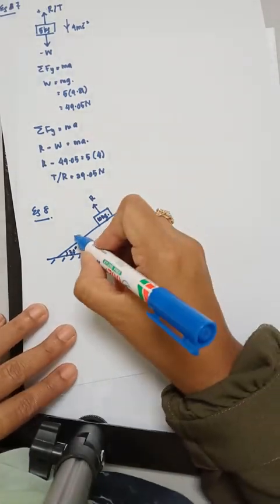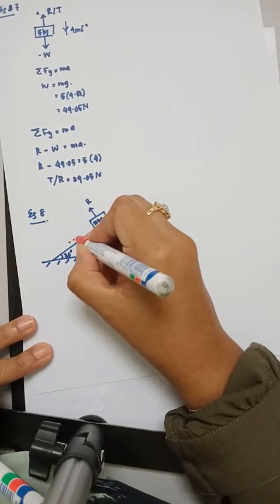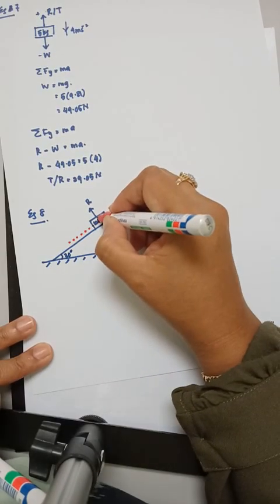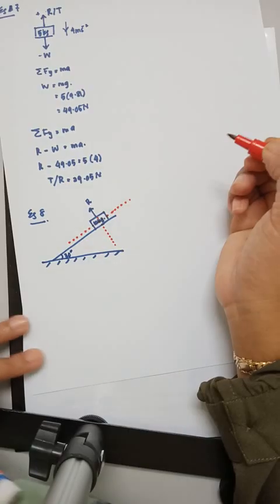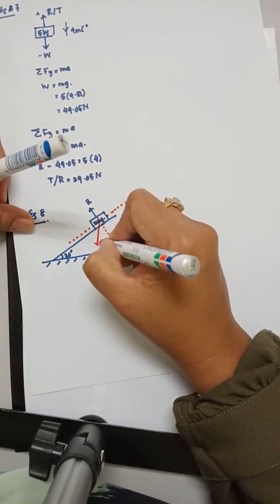So first kali kita kena tengok dekat mana kita punya weight. Okay. So now, bila kita nak buat dia punya weight, kita kena tahu dia punya X and Y axis. So, dekat sini, weight dia.